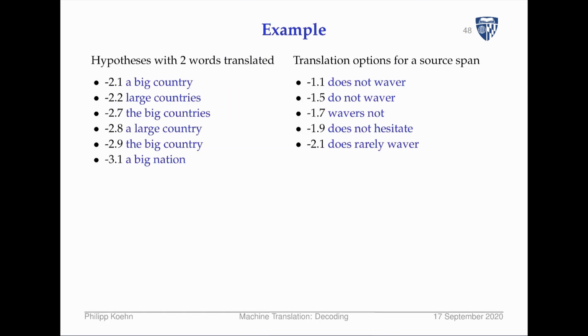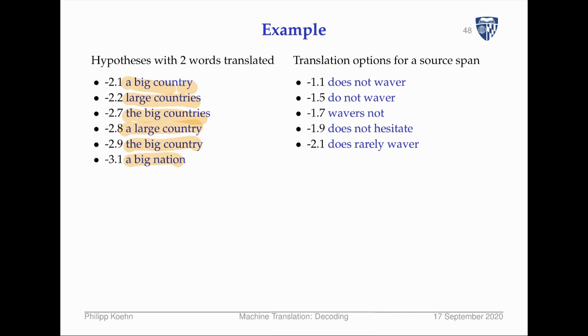Okay, we're just going to go over an example to explain that. Let's say these are hypotheses that have two words translated. So we're still at the very beginning of this whole process, and we translated things into a big country, a large countries, the big countries, a large country, the big country, a big nation. There seems to be some ambiguity about whether it's singular or plural, which is not all that uncommon.